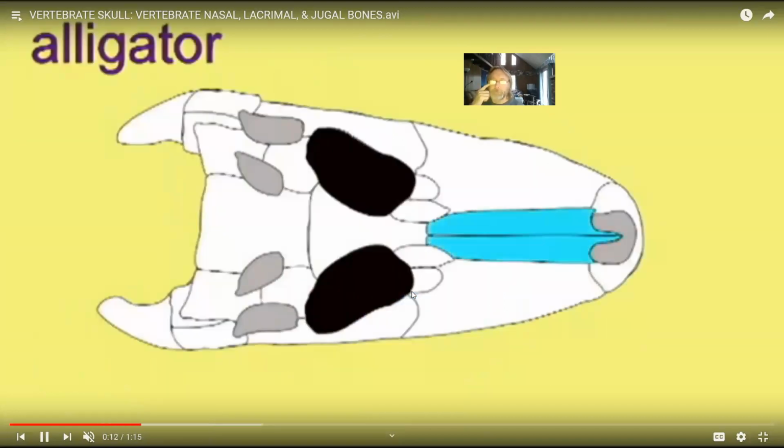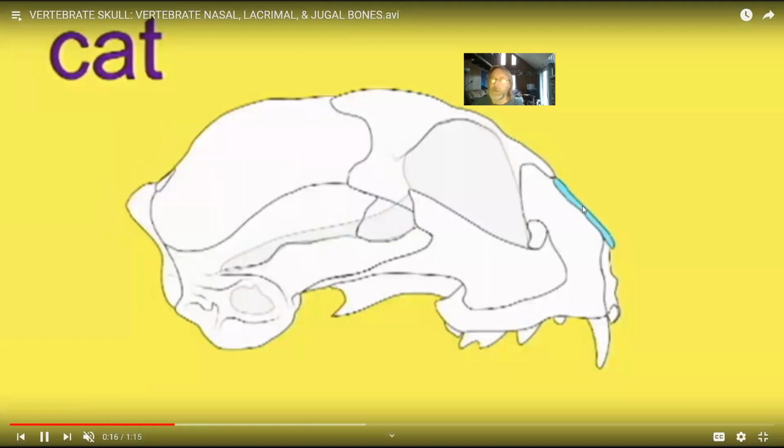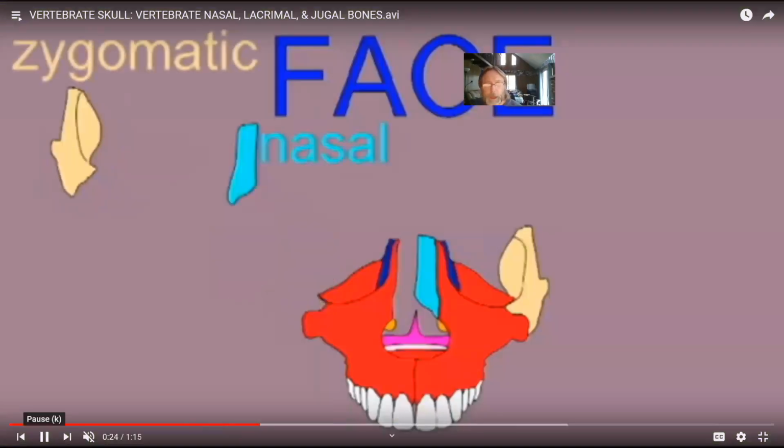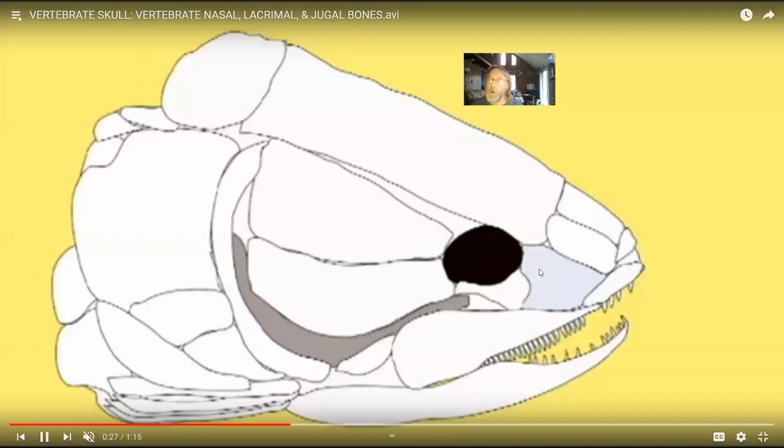There were, and notice they can change their size based on how long, say, a snout was, as you saw in that alligator, bones which developed on the medial side of the orbit, known as the lacrimal bones.